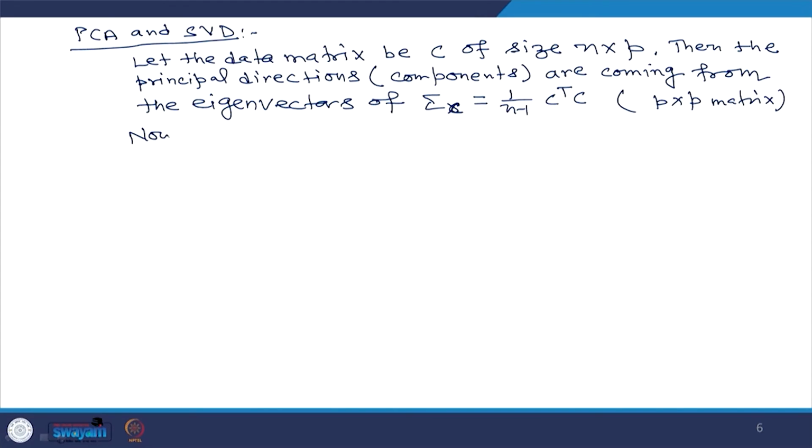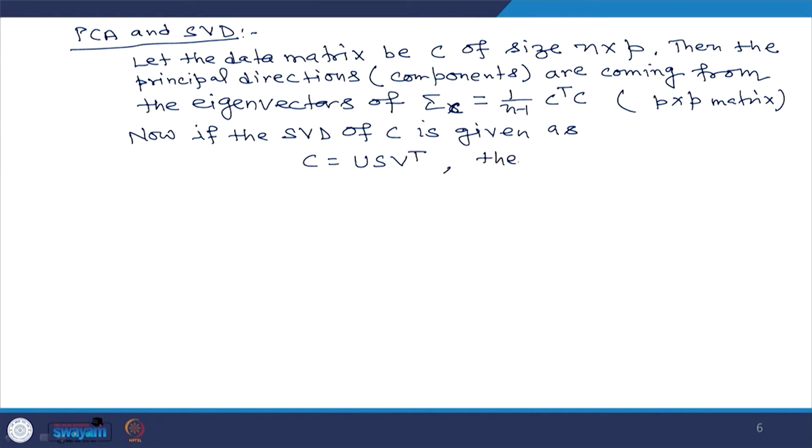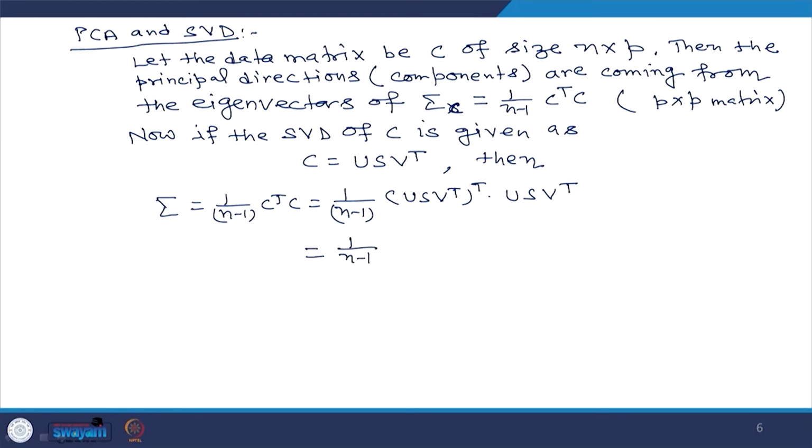Now, if the SVD of C is given as C equals to U S V transpose, then the covariance matrix is 1 upon n minus 1 C transpose into C. So, 1 upon n minus 1 and then C transpose is U S V transpose into U S V transpose, and this comes out to be 1 upon n minus 1.